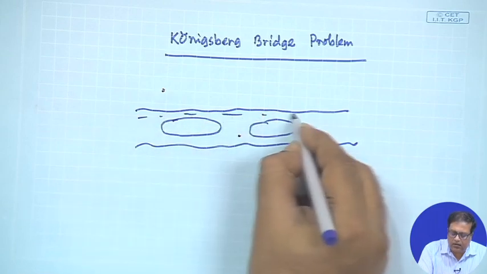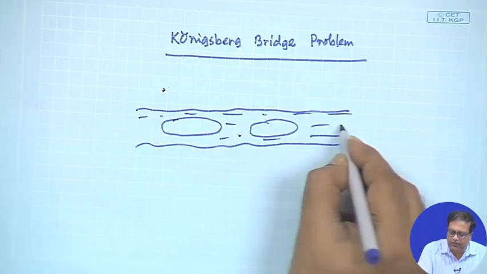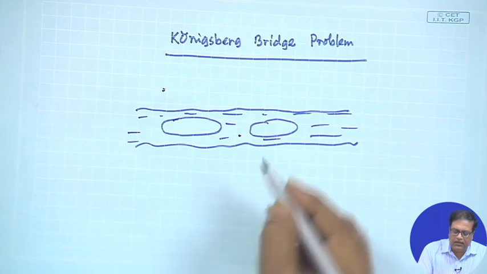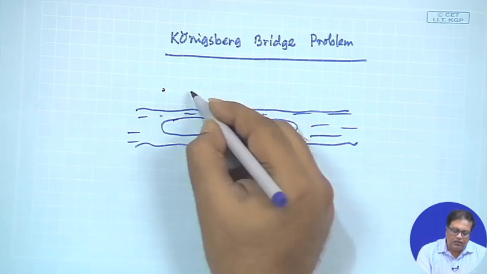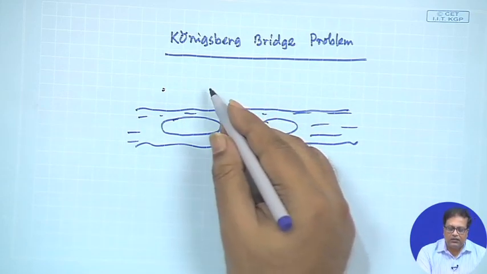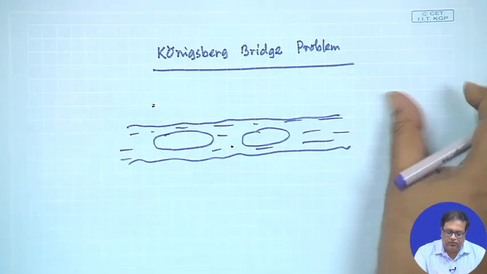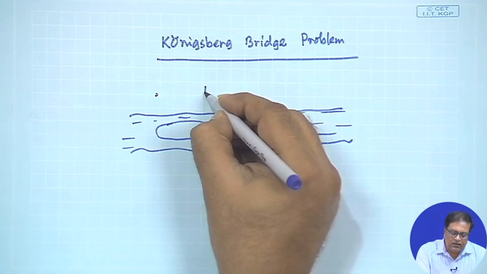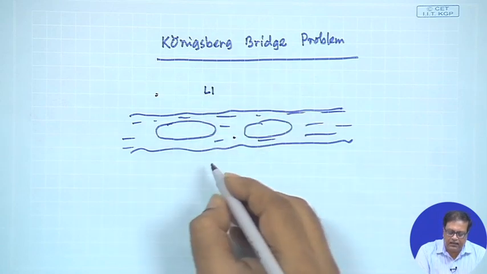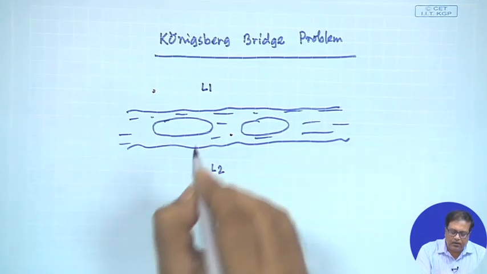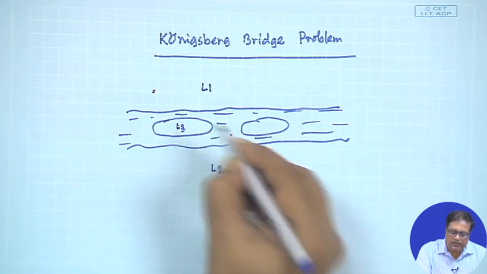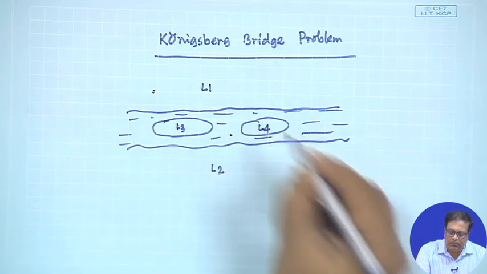So, this is the river, and in this river there are two land masses, and there are two more land masses on both sides of the river. So, we have therefore 4 land masses. This one is L1, let us say this is L2, this is L3, and this is L4.